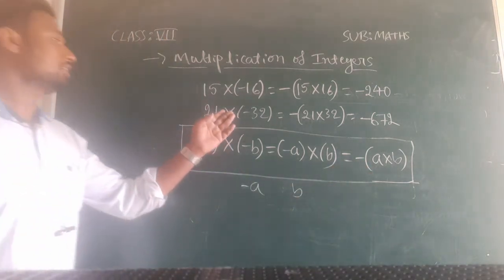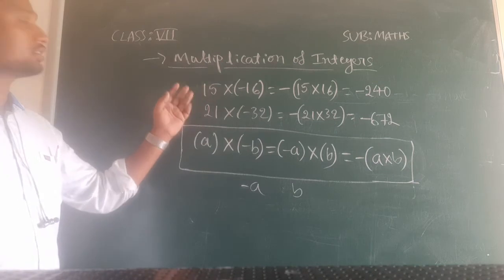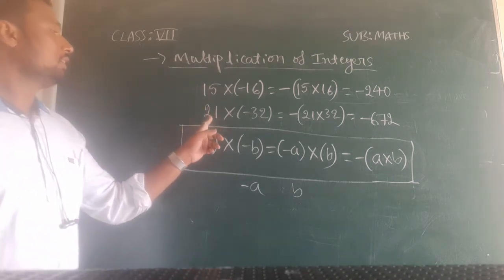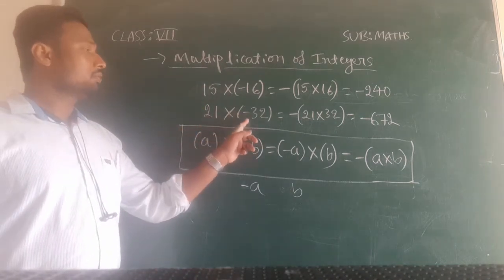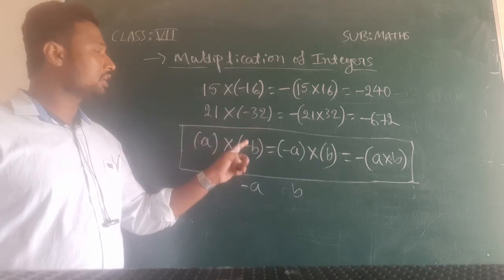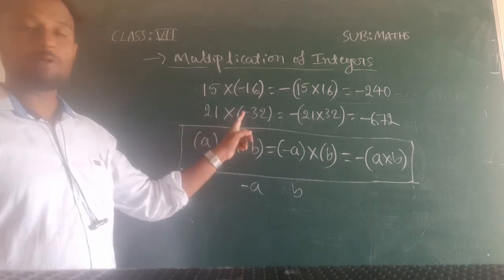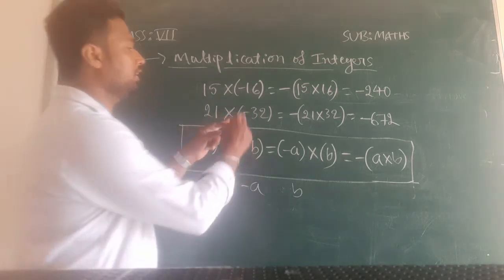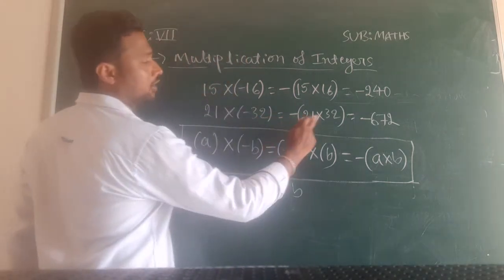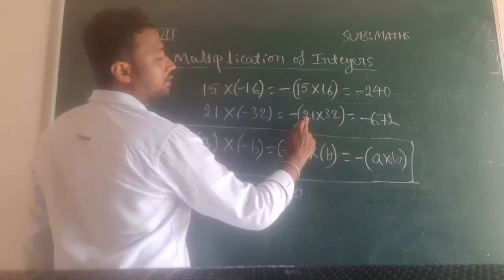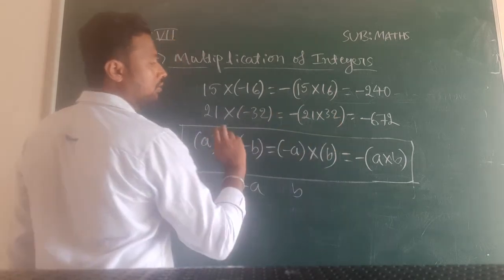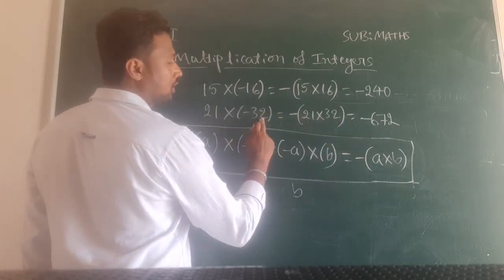You can see here in these two examples, a is 21 and minus b means here we have minus 32. So what we did here was directly a into b, directly 21 into 32. The a value is 21, the b value is 32.